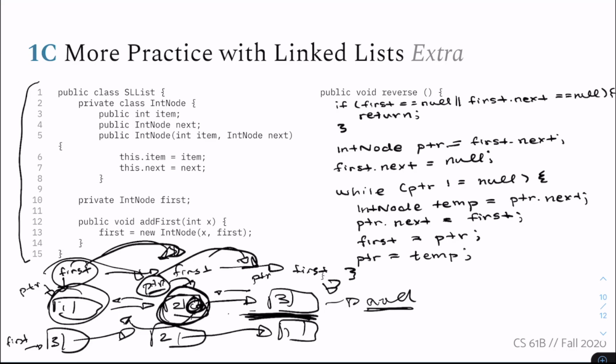And when we do that, we'll keep iterating until pointer hits null, at which point there is nothing left to do in that sense. And we don't actually even have to go in at the end and set first equal to whatever is the last element, because as we've been iterating, once pointer is equal to null, first will be equal to what was previously the last element of the linked list.